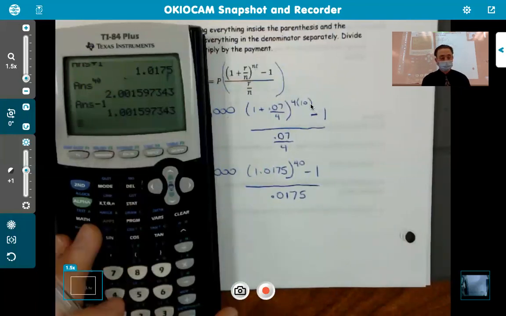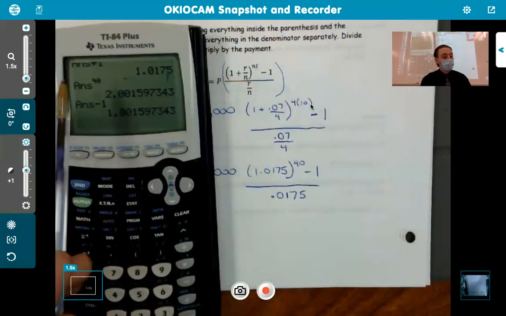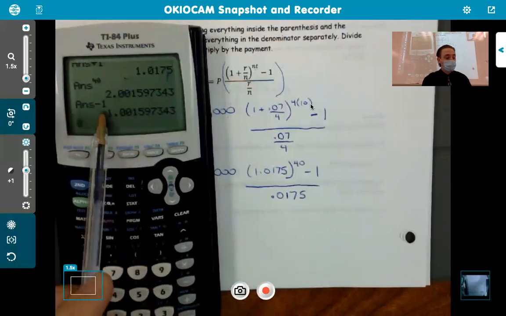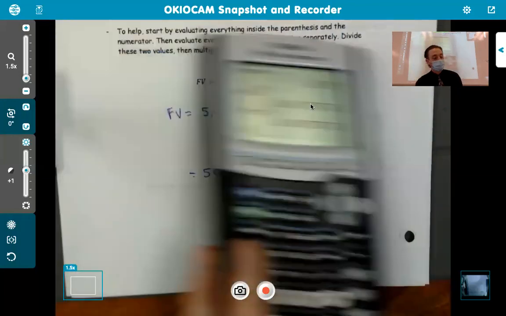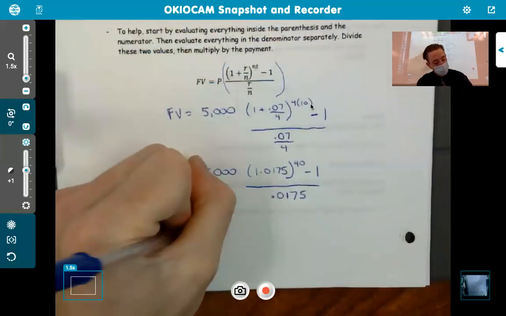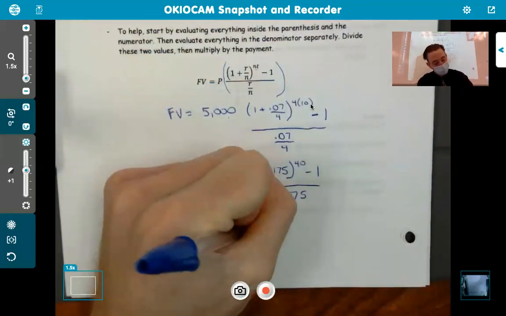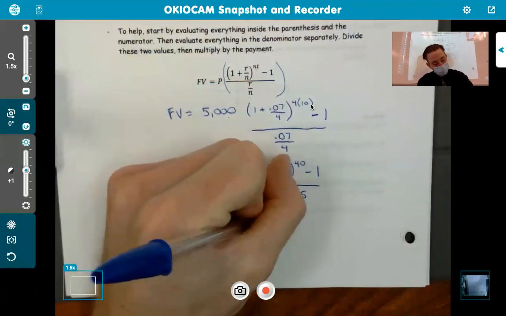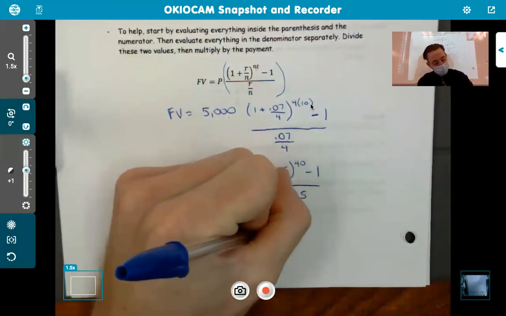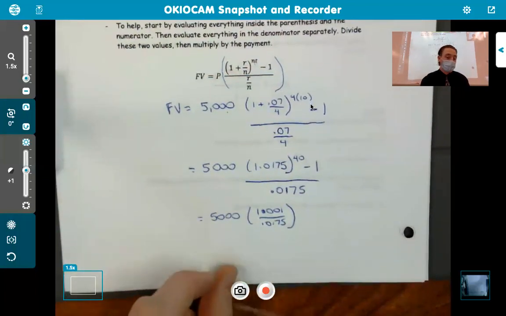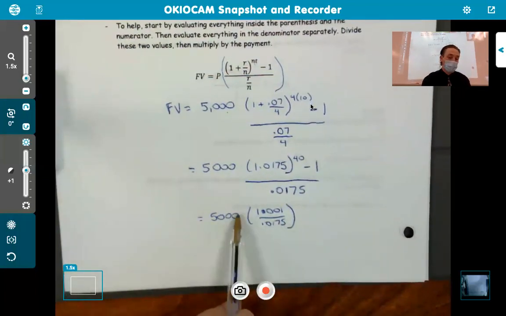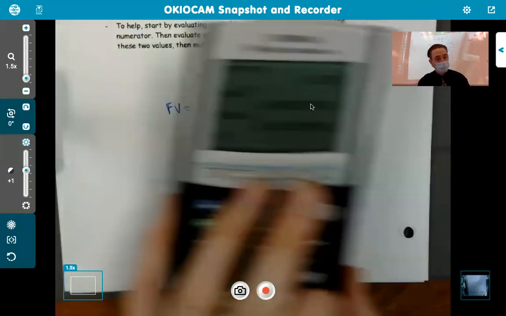All right. So when I raise it to the 40th power and then subtract 1, everything that's going on in my numerator, I get 1.001. And I'm dividing that by 0.0175 and then multiplying by 5,000 to find what my future value is.